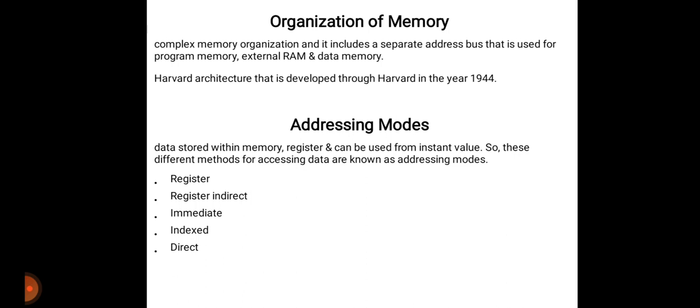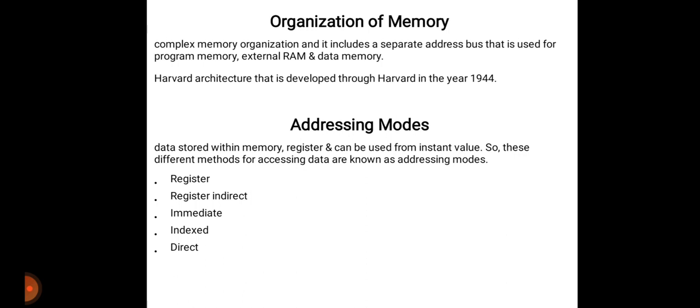First of all, the processor gets data in different methods. Generally the data is stored within the memory register, and it can be used from the instant value. These different methods for accessing data are known as addressing modes. Different types of microcontrollers include different addressing modes, depending on the plan of the manufacturer.